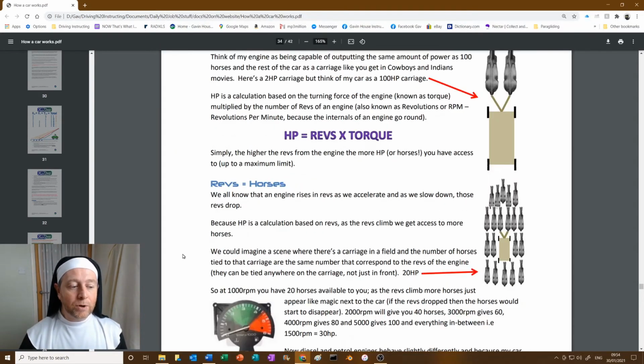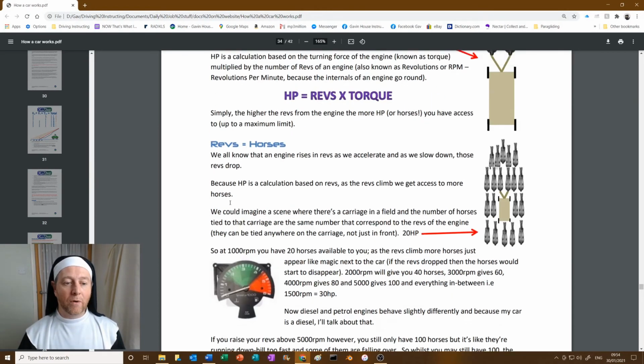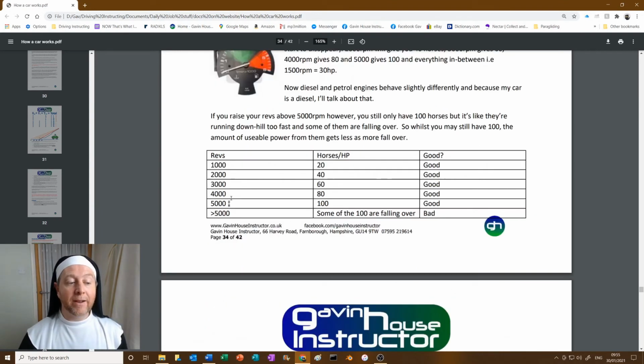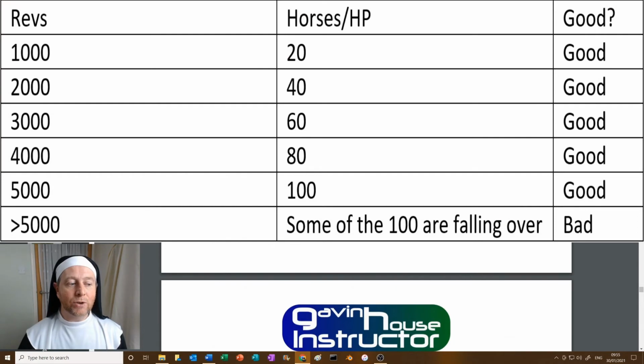So, what you want to do is think about the revolutions of the engine as a multiplier of horses. Let's say we have a 100 horsepower engine and it tops out at 5,000 RPM. That's the fastest that the engine could rotate. We could say therefore that at 1,000 RPM we have 20 horses, but at 5,000 we have 100 horses.